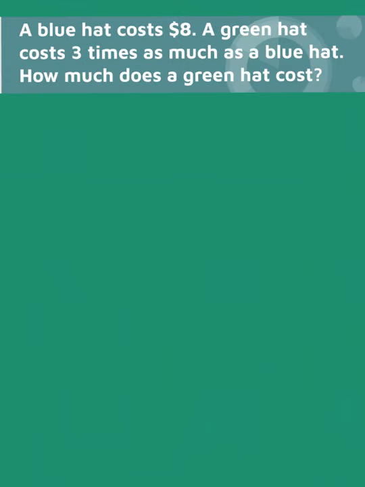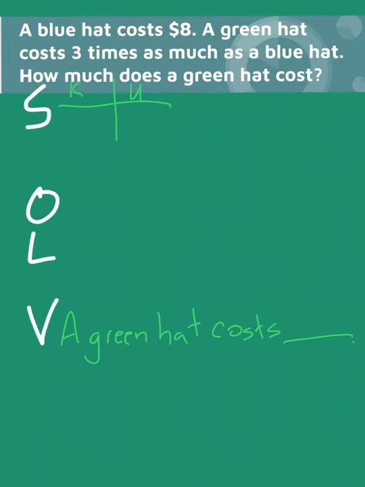Okay, let's get to a new multiplication problem for today. This is going to help you if you're unsure of how to solve today's problem, which is Wednesday. Alright, so we've got a blue hat which costs $8. And a green hat, which costs 3 times as much as the blue hat.